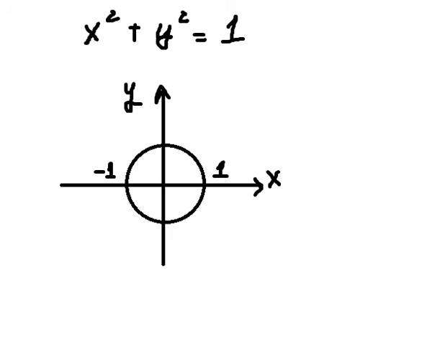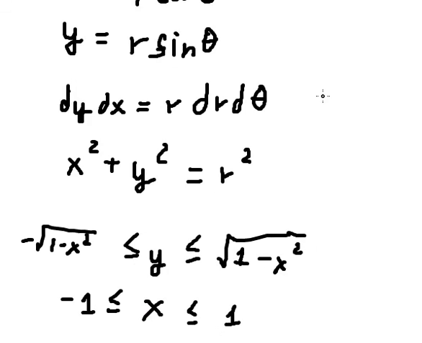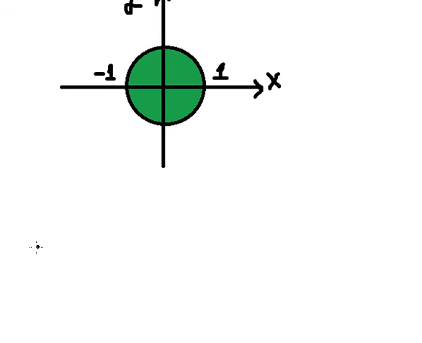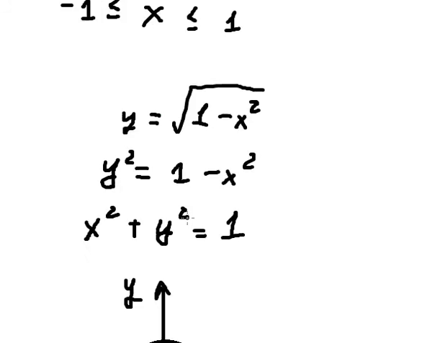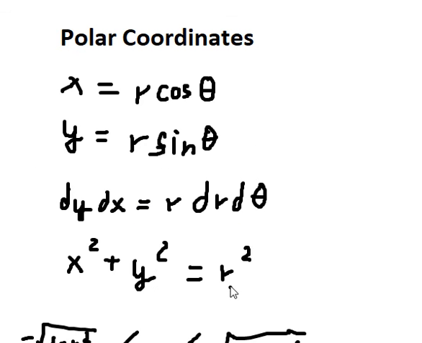That means we need to consider the circle. And now we need to change the bounds. So this one we change to r squared.